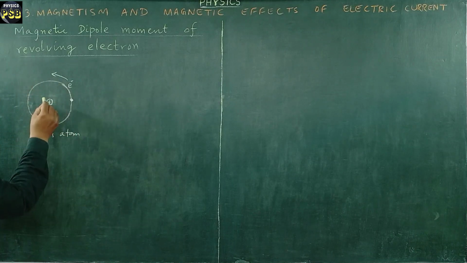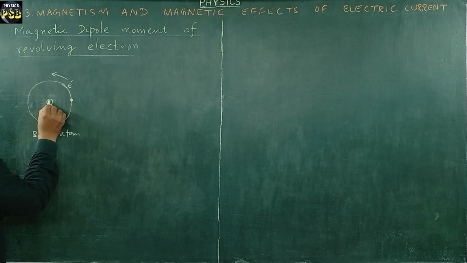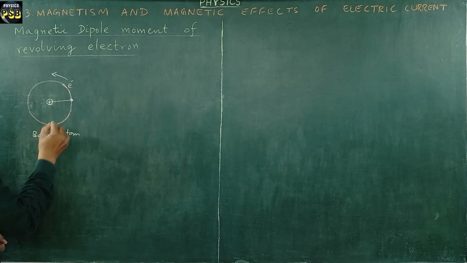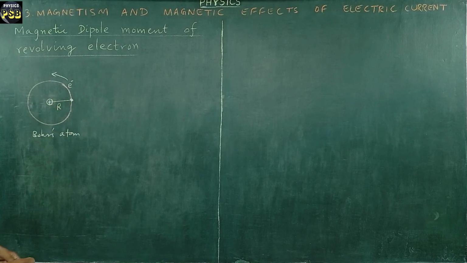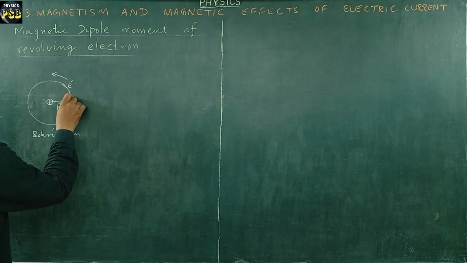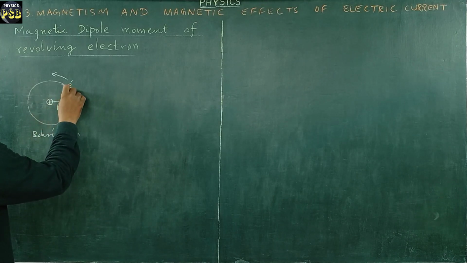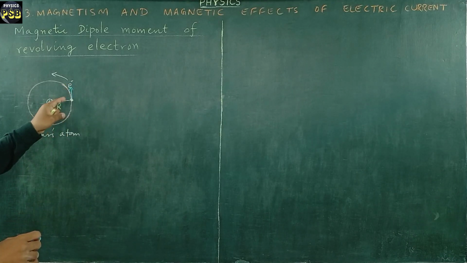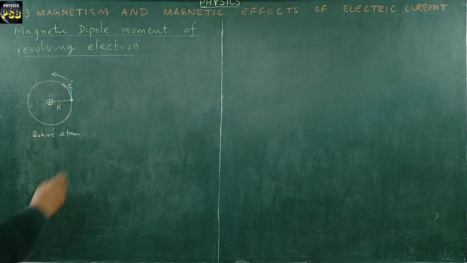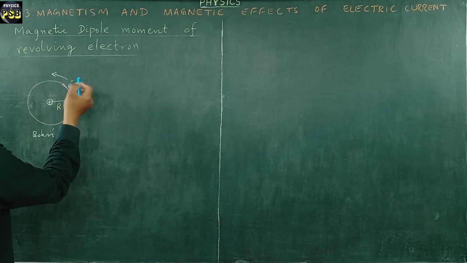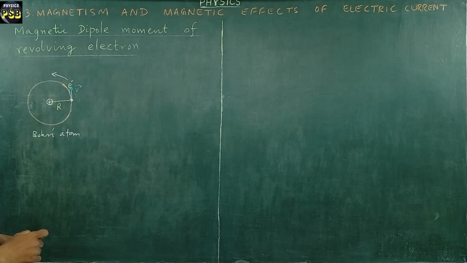Here, the distance between the center of the nucleus and the electron gives the radius of the circular path in which electrons move. Then the tangent drawn to this circular orbit provides us the velocity with which electrons move in the circular path.